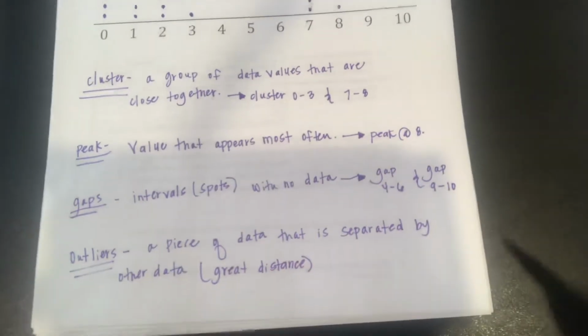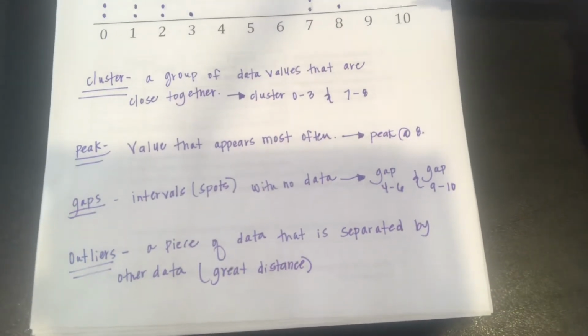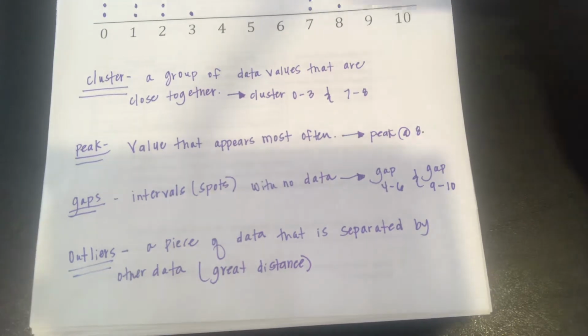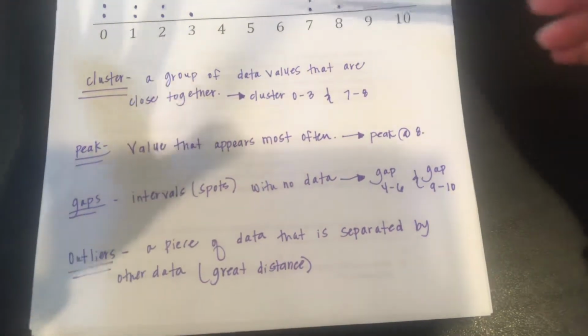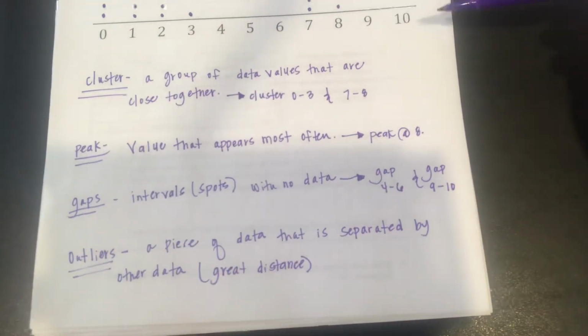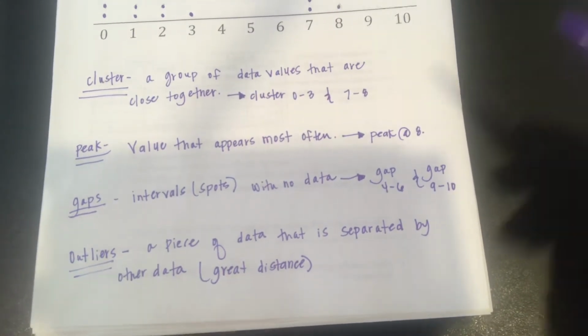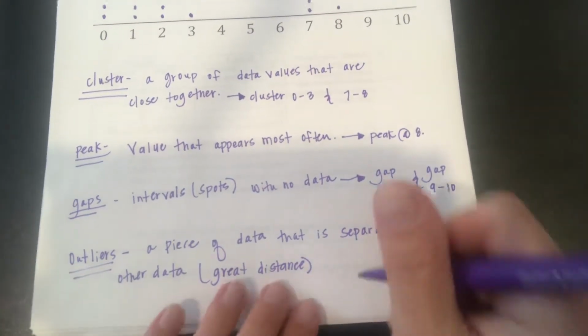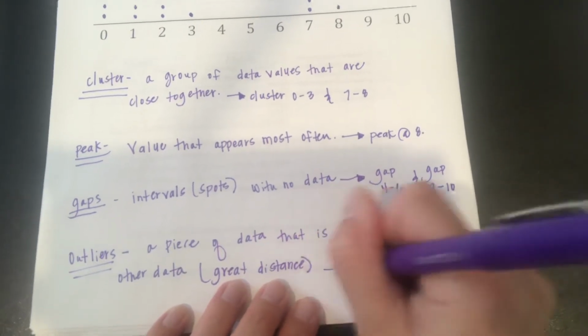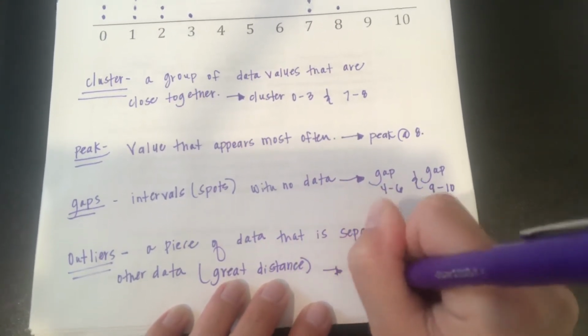It's kind of like the one lonely bird in the flock. All the other ones are here, and then there's one clear out in left field. So that would be the outlier. So in this particular dot plot, there are no outliers.